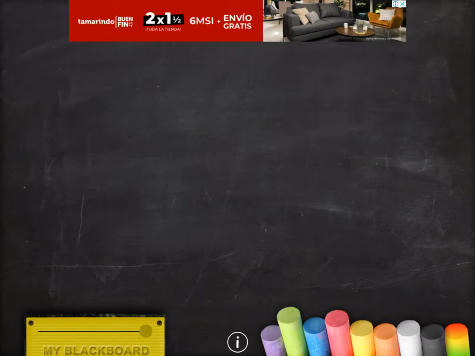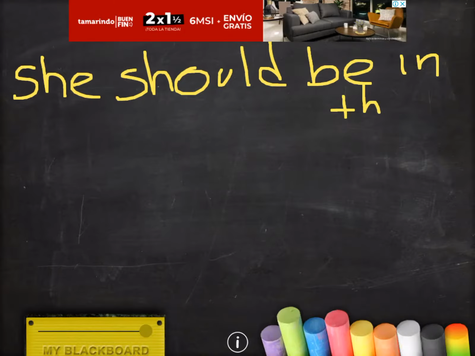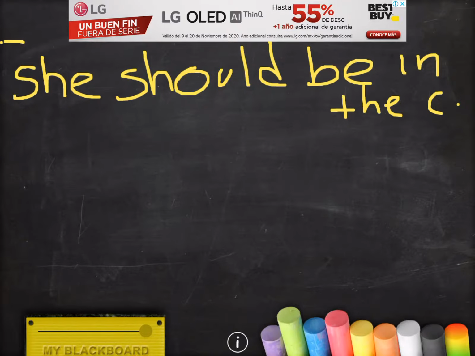Imagine we were in an in-person session and I do not arrive and it's high time for the class to start, so you start to think about where's Sonia. So some of you could say she should be in the cafeteria. This is highly likely to happen. Why?